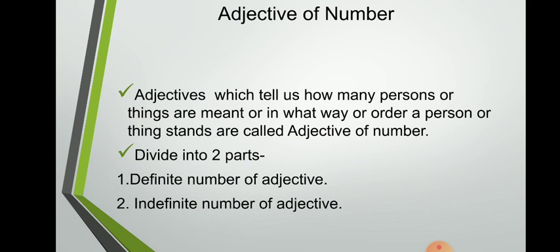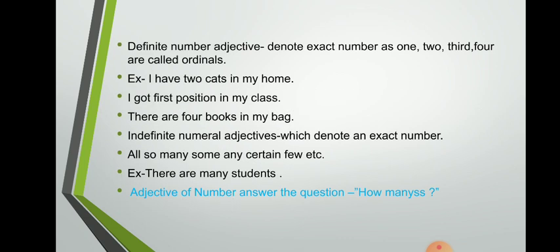Next, adjective of number. An adjective which tells us how many persons or things are meant, or in what order persons or things stand, is called an adjective of number. Adjectives of number are divided into two parts: one is definite numeral adjective and second is indefinite numeral adjective. First, let us see definite numeral adjectives, which denote the exact number, as 1, 2, 3, 4, and these are called ordinal adjectives.